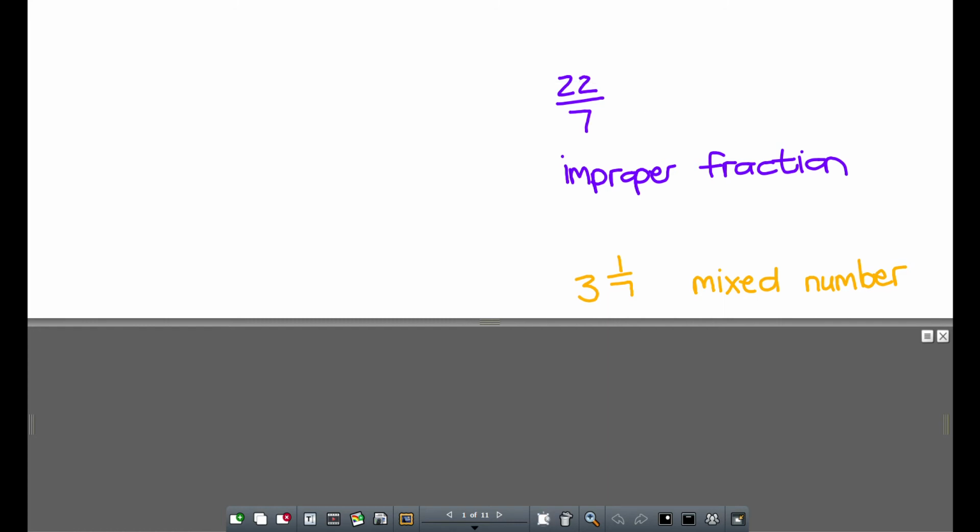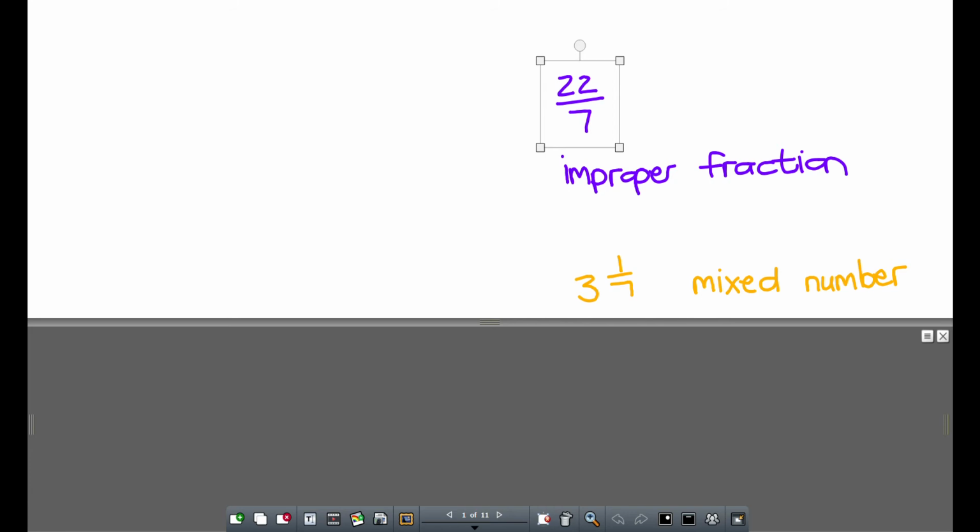I can also ask you to write an improper fraction as a mixed number. Now what we do then is, we look at what the denominator is and see how many times that could go into the numerator. So if I count in multiples of 7: 7, 14, 21, 28. 28 is too big.